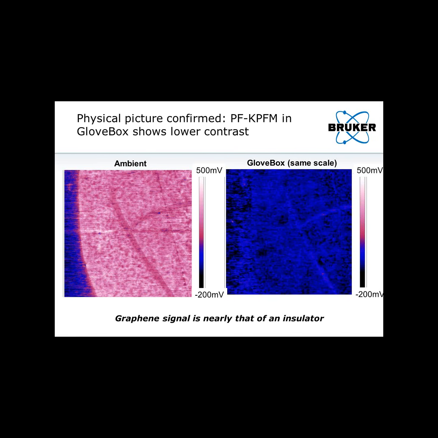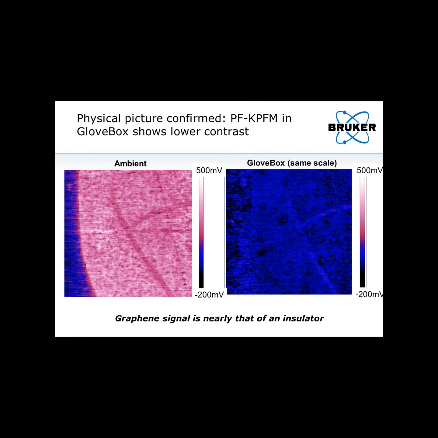Now, there's a caveat to this claim. It's not a 100% accurate statement, because if you have an insulator, it's difficult to do KPFM on it, because what's going to create the response in your material to give you a force gradient that you're going to measure? So the closer you get to an insulator, the less reliable your measurements will become. So you have to take the absolute values here with a grain of salt.